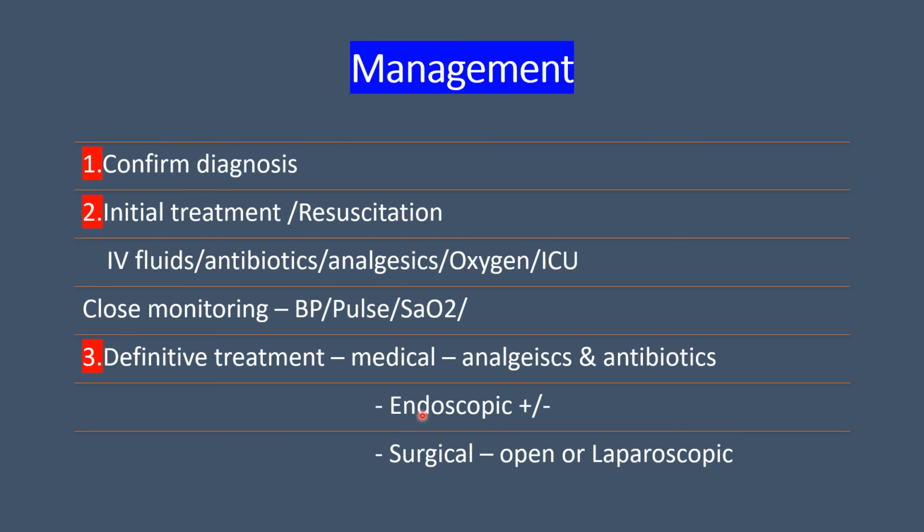Then endoscopic treatment can be done, especially if there's a stone in the bile duct. Then an endoscopic sphincterotomy may be needed. In this patient, that is not necessary. So we go on to surgery.